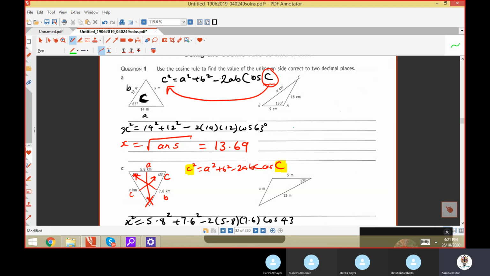So if I was to illustrate the diagram. So that's how you use cosine rule.